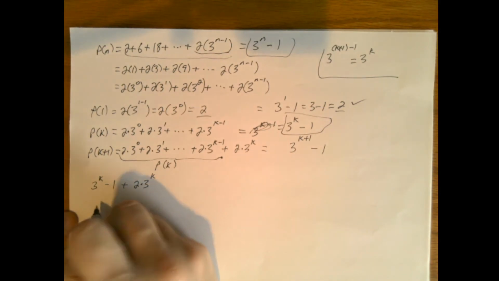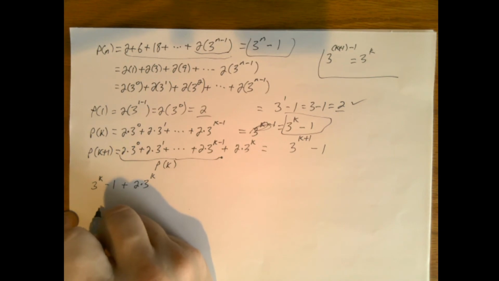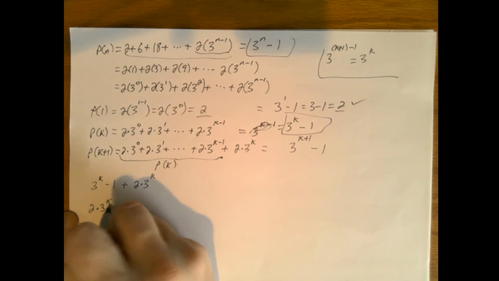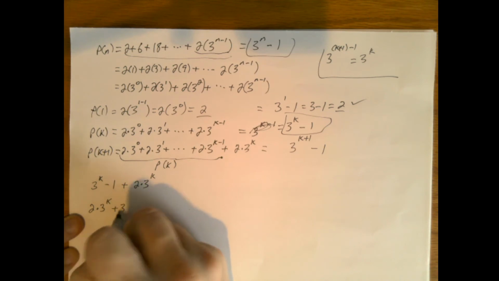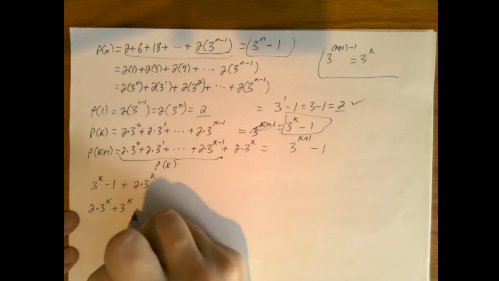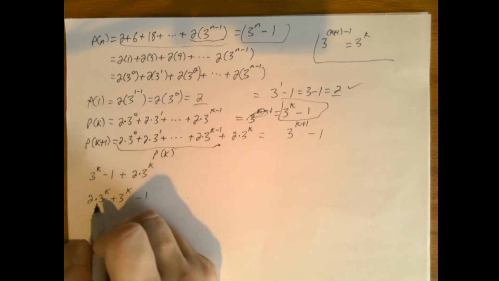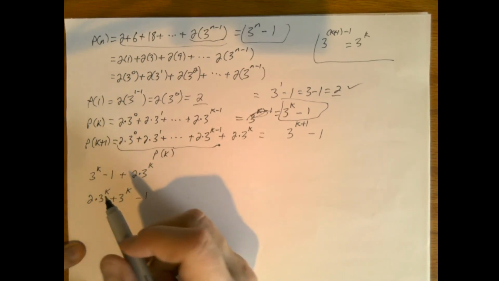So this, if I rearrange all this, I have 2 times 3 to the kth plus 3 to the kth minus 1. And so what does this become?